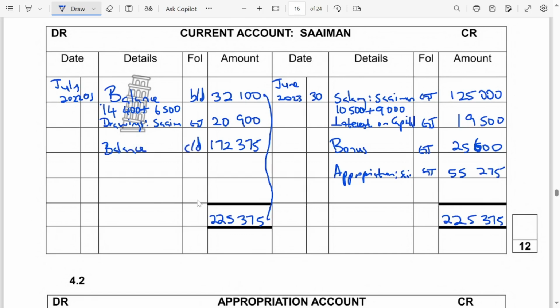So this is a closing balance on 30th June 2023. So it must be transferred to the opposite side at the beginning of the following month, which is 1 July 2023, as the balance brought down of 172,375. So that is it.